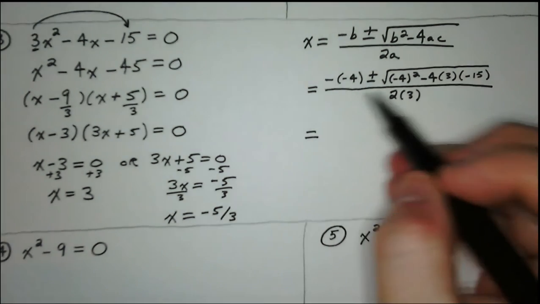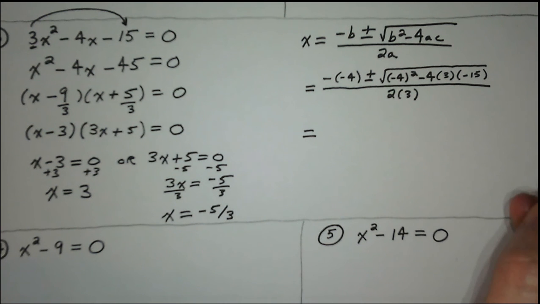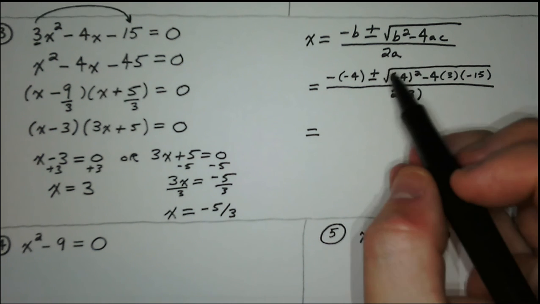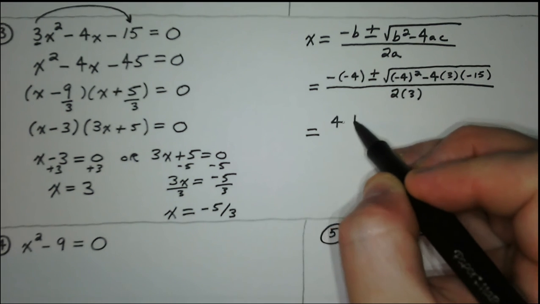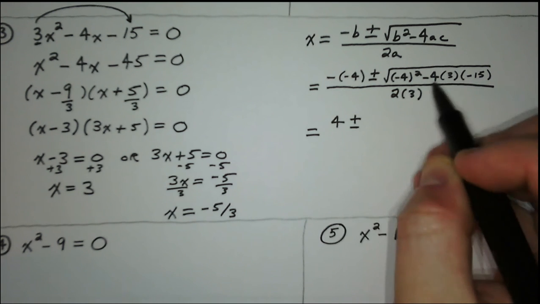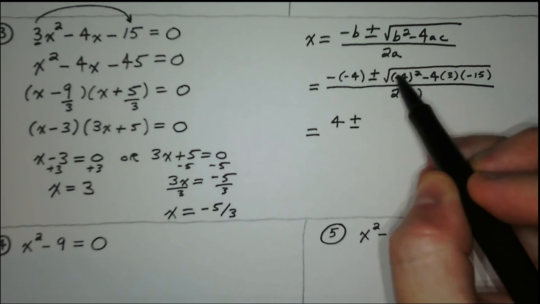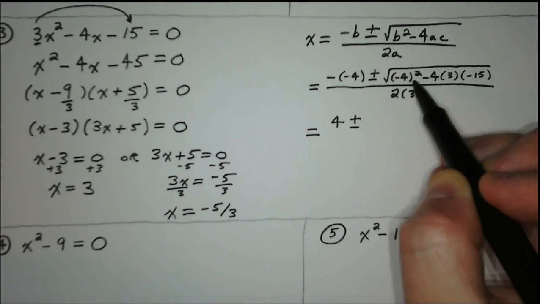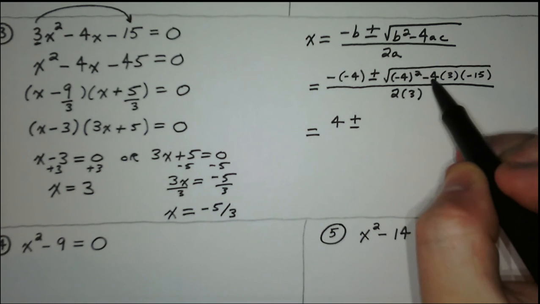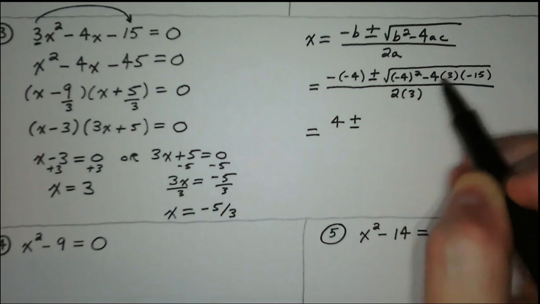Now, but hey, just keep track of your stuff. You know what I mean? So -4, that's going to be a +4. Now, stay with me here. You ready? -4 squared is +16.